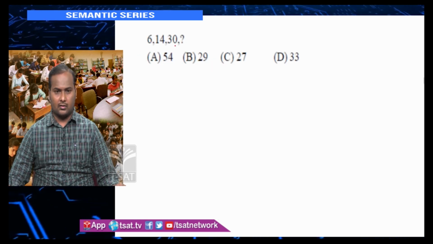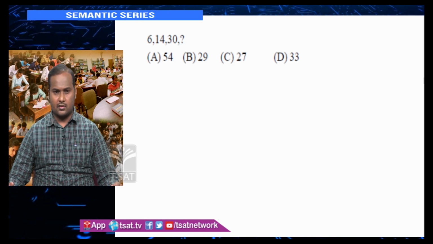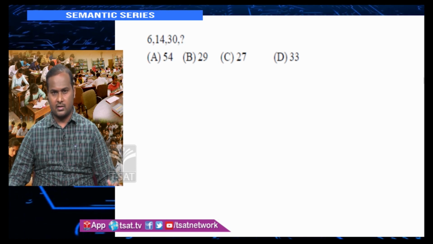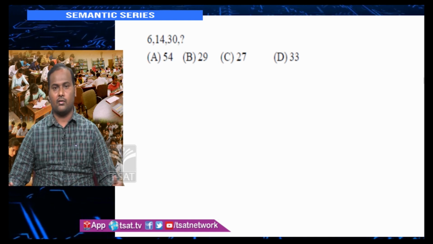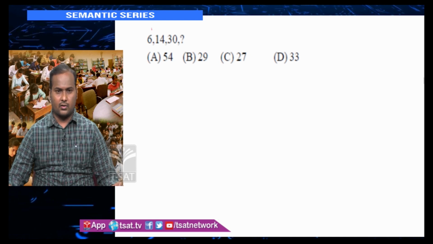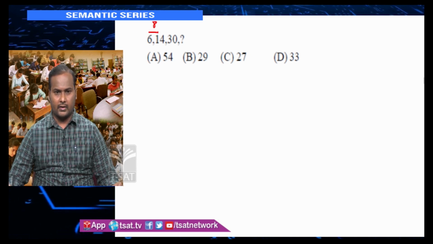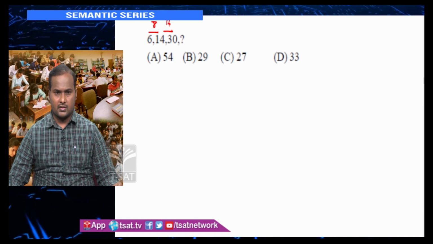6, 14 and 30 and the next one. Whenever I see this particular series, generally from 6 to 30 after 3 steps, I don't see much increase. So obviously I will take the difference and check. See here, 6 to 14, the difference is simply 8. Here also, 14 to 30, the difference is simply 16.